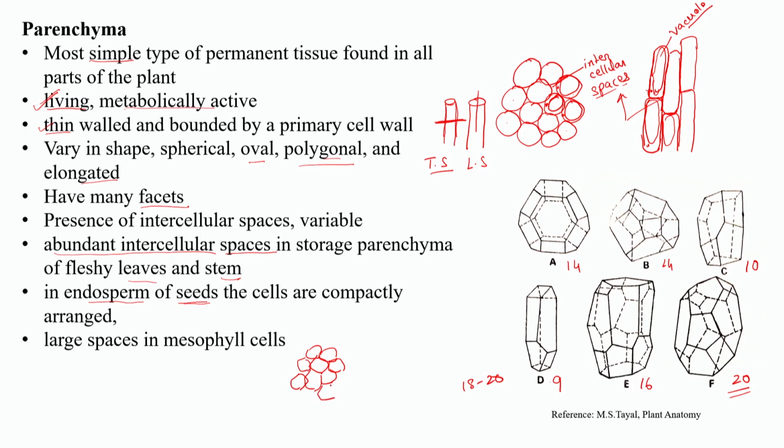So, in this case, the intercellular spaces are very few. So, in some tissues you will find it like that. Large spaces can be found like in storage parenchyma as well as in mesophyll cells of leaf. There also you can observe a large number of intercellular spaces.